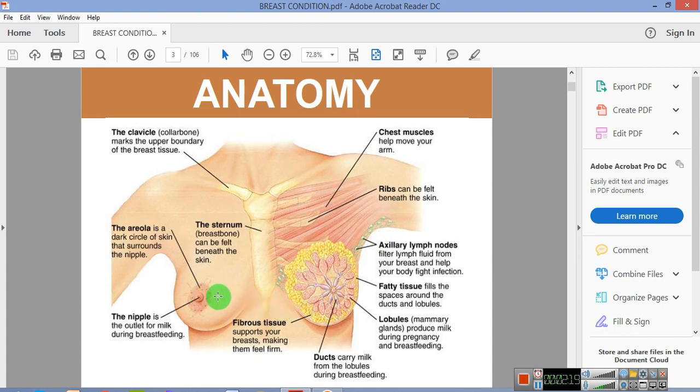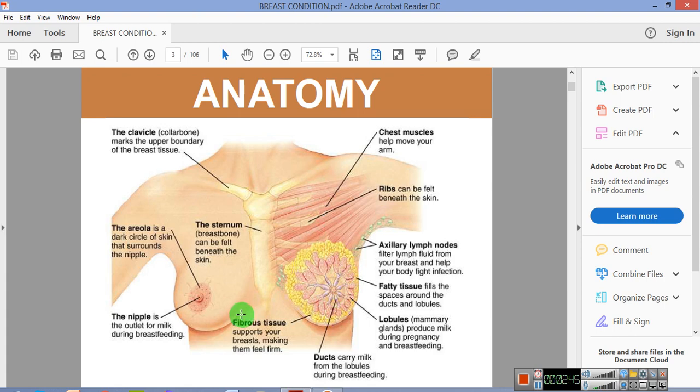Then the areola, then this is the fibrous tissue which supports the breast, making it feel firm. Then lobules. There are 20 lobules in the breast, and those lobules produce milk, which drains through the ducts to the nipple.